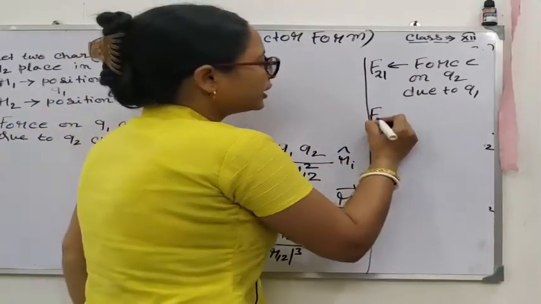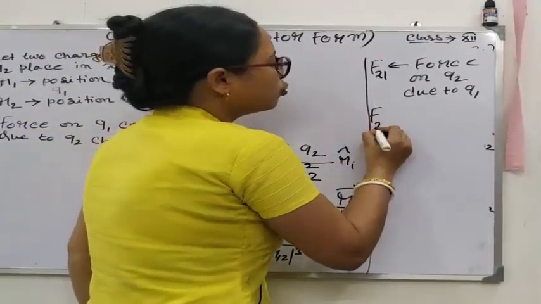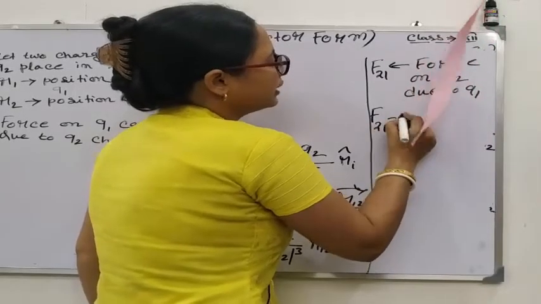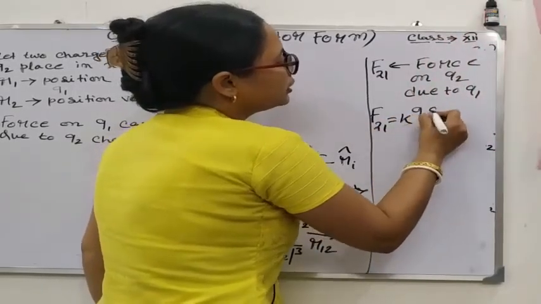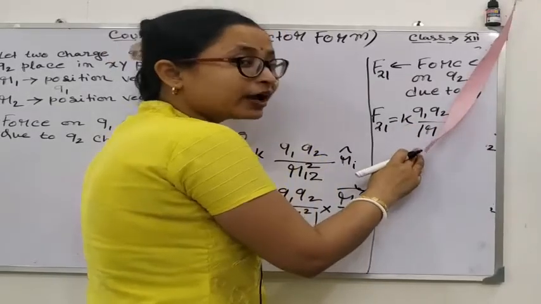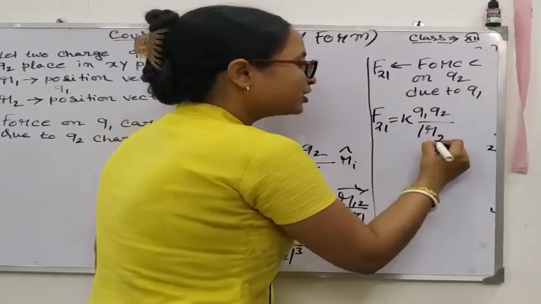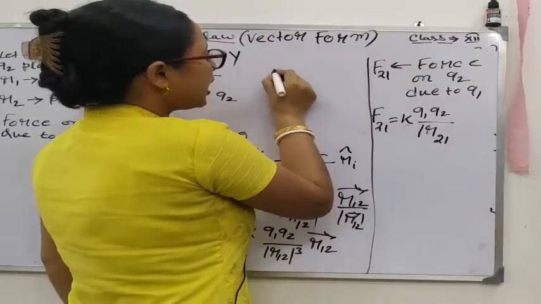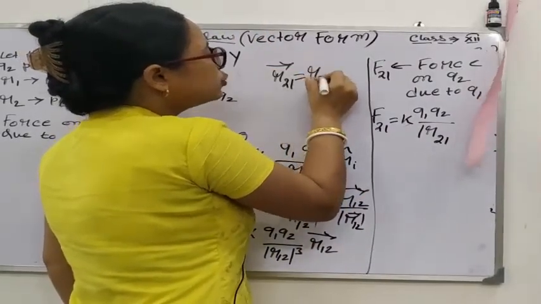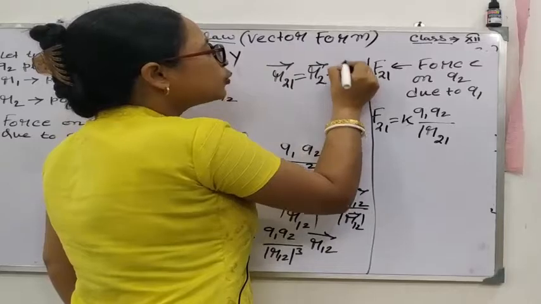Similarly, you have to write F21 is equal to 1 by 4 pi epsilon K Q1 Q2 divided by R. How can you write R now? Same, R21. That means R21 means R2 minus R1, like this.